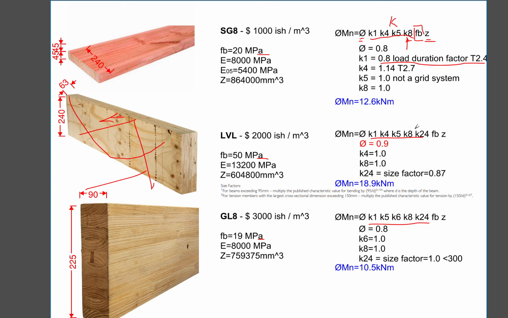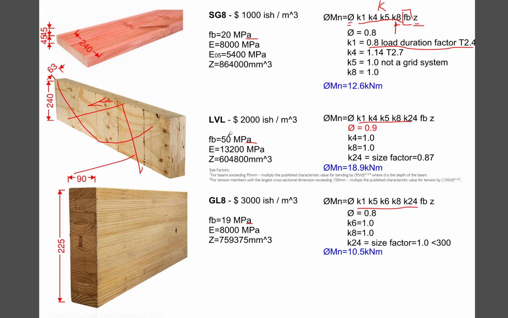Just be mindful when you do design for LVL and GL8, your K24 value comes into play. That accounts for the size factor. The deeper you go, the smaller bending capacity you would have. That is considered as a size factor.